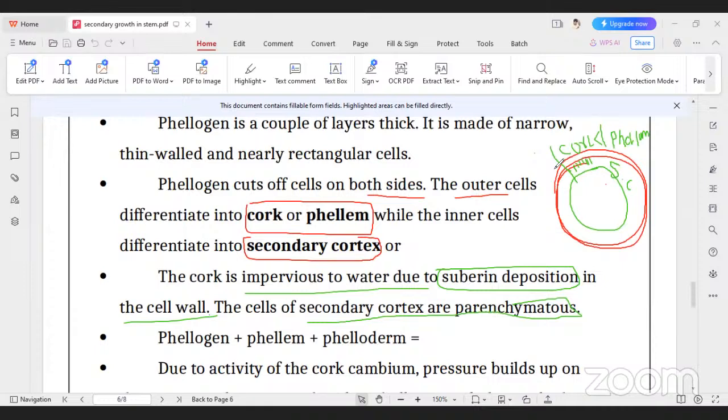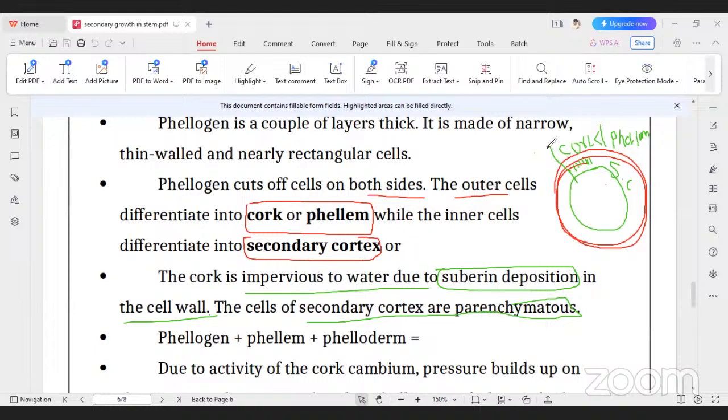This is called phellogen or cork cambium. After its formation, due to divisions, secondary cortex is formed inside and cork or phellem outside. The tissues produced to the inside are called secondary cortex or phelloderm. The phellogen, phellem and phelloderm all together form the periderm.